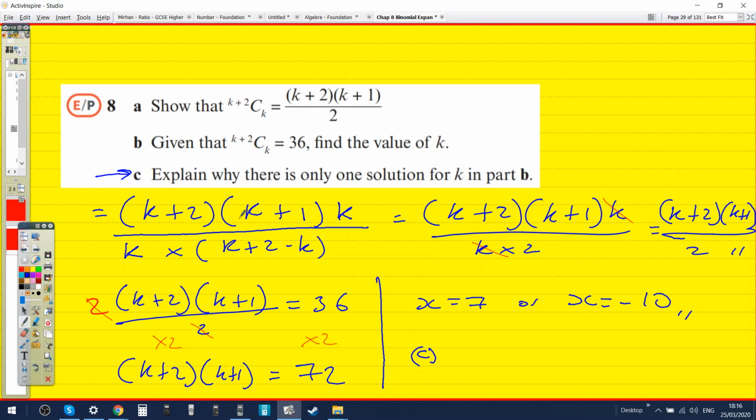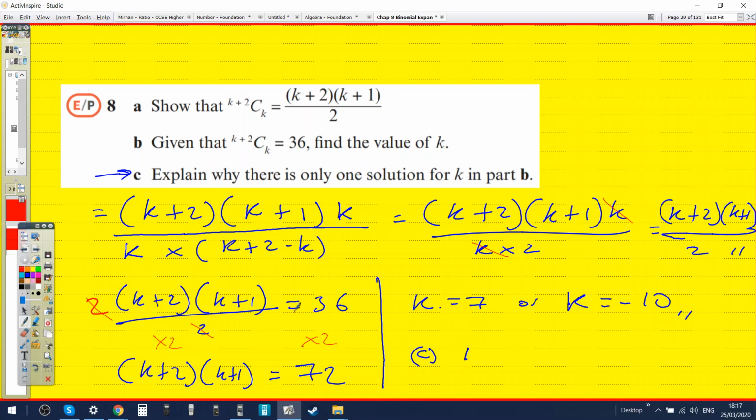Maybe it's something that like it can't be negative. Why can't it be negative? Because it gives a positive. 36 is positive. It would give a positive.